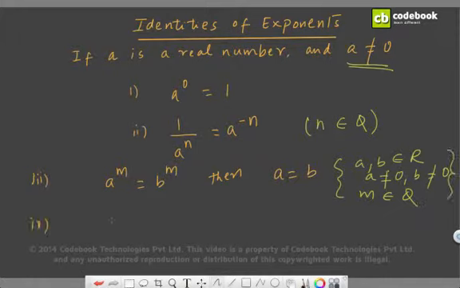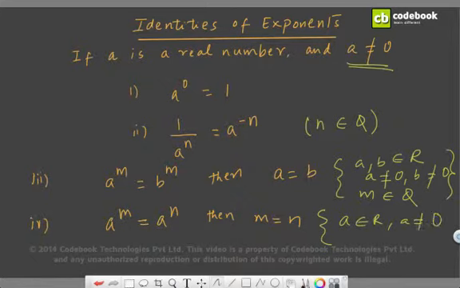Similarly, if a power m is equal to a power n, then m equal to n, given a belongs to R, a is not equal to 0, and m and n belong to rational numbers. So these are the four basic identities that you have to remember.